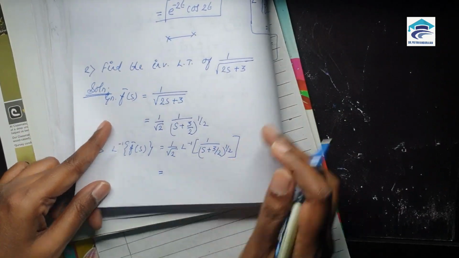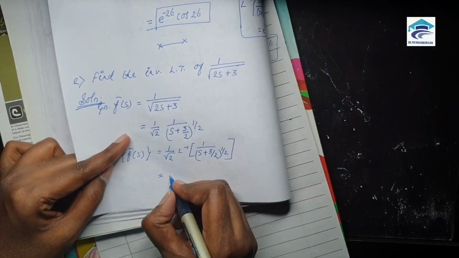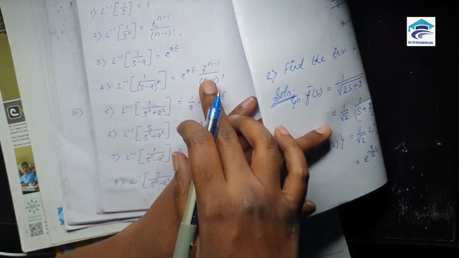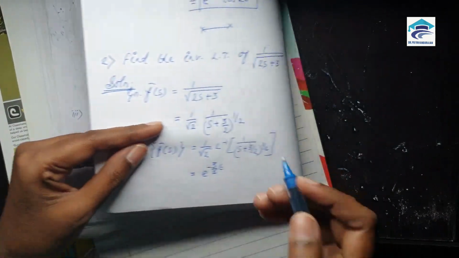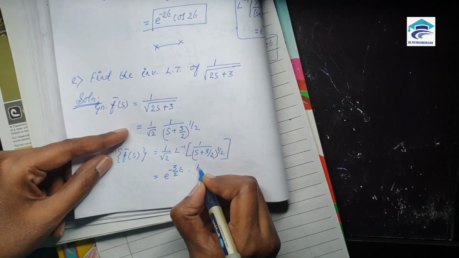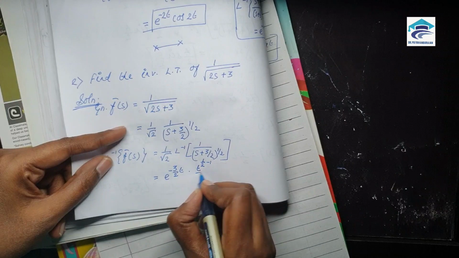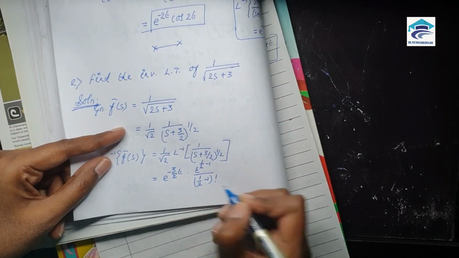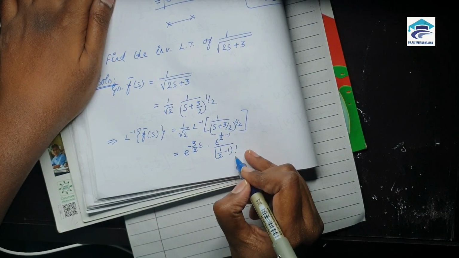So this is equal to e to the power minus 3 by 2 t into t to the power n minus 1 by n minus 1 factorial. So this is t to the power, my n here is 1 by 2, n minus 1 by n minus 1 factorial. So what is 1 by 2 minus 1 factorial?